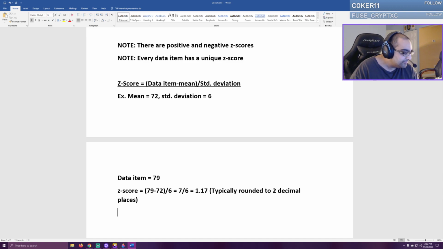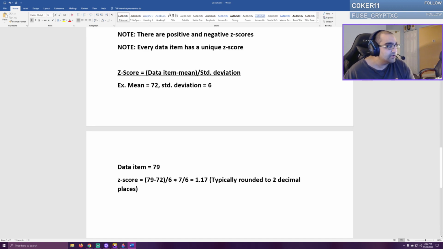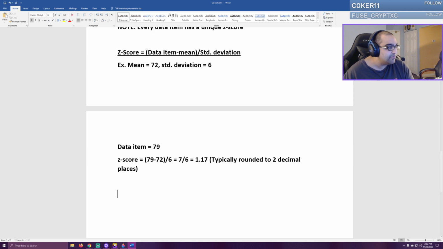All right, let's have you guys give one a try. Use the mean and standard deviation that we have above. Let's try it with another data item, the data item of 61. Can you tell me what z-score we get in this case with a data item of 61? Let's take a minute and give it a try.